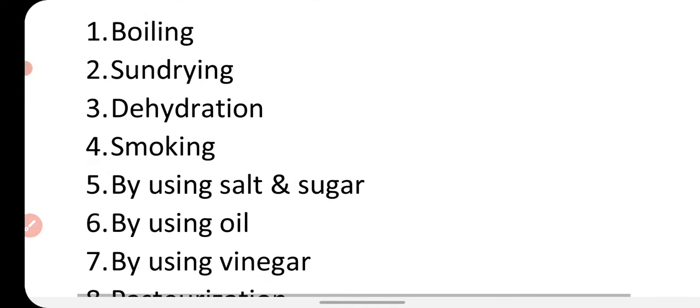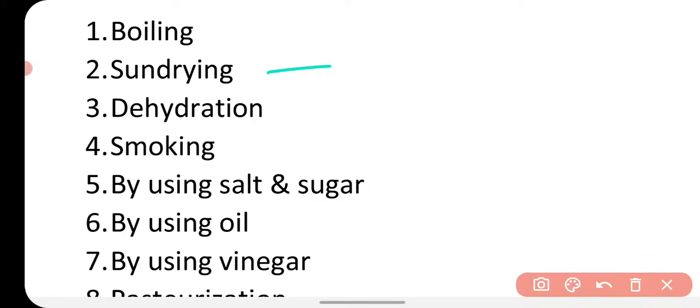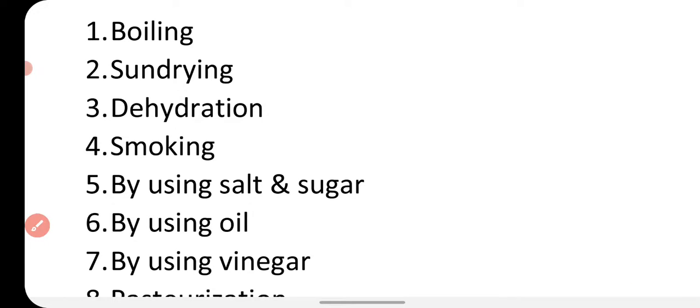By boiling, the microorganisms can be killed. By sun drying, we dehydrate the food so that microorganisms cannot grow. In dehydration, we dehydrate the food item by different methods so that microorganisms cannot grow in it, and we can prevent spoiling.